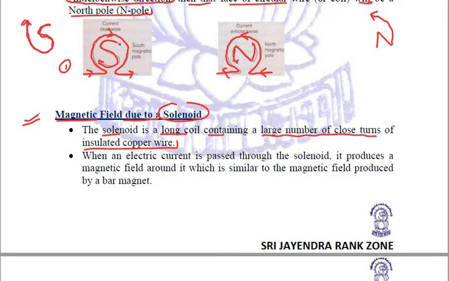Now when an electric current is passed through the solenoid, it produces a magnetic field around it, which is similar to the magnetic field produced by a bar magnet, right?